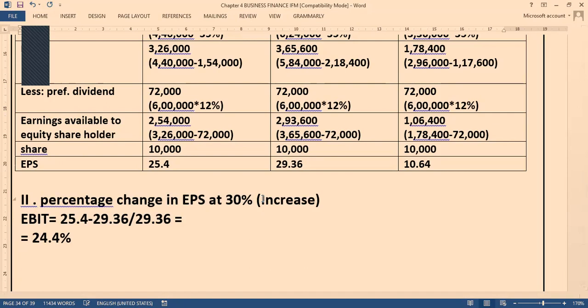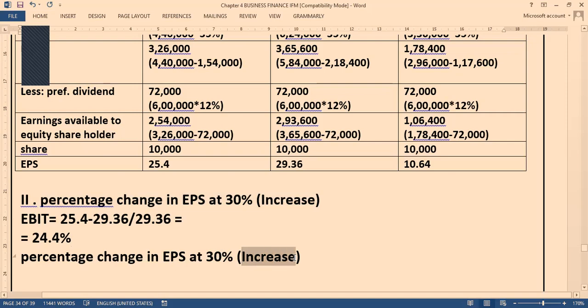Now let us focus on the case of decrease. In the decrease, the EBIT remains the same: 25.4 minus 10.64 divided by 10.64.